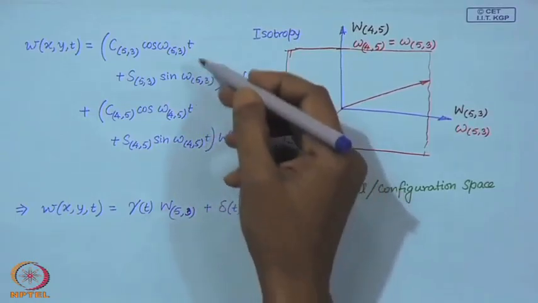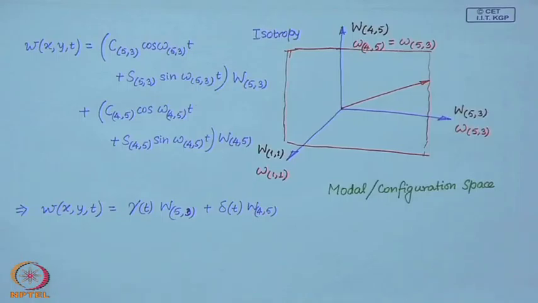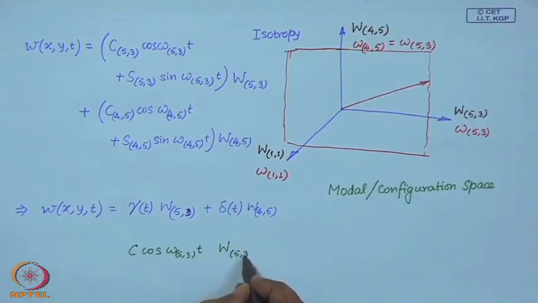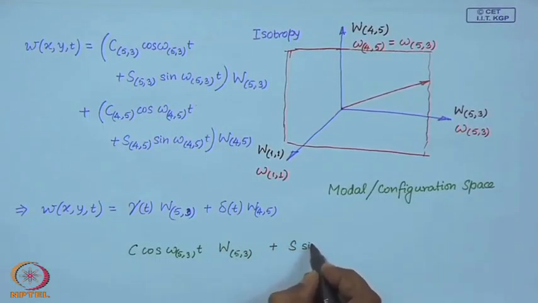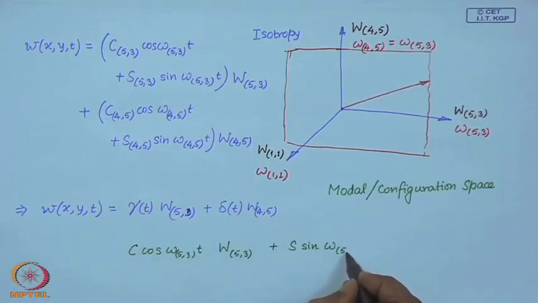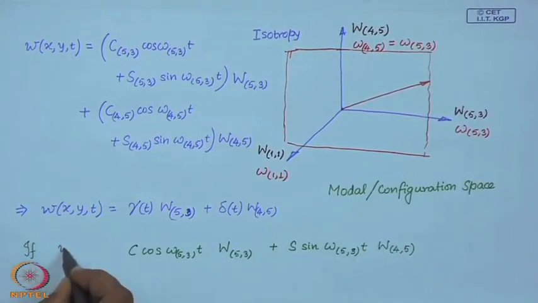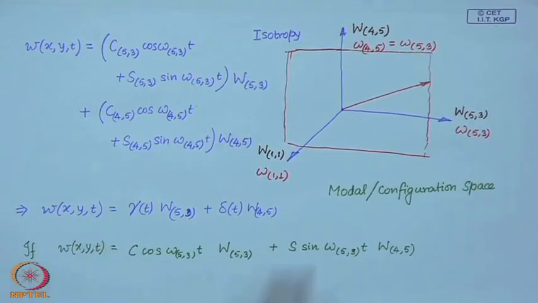So, for example, if you excite this in a certain manner such that, since 4 5 is same as 5 3, suppose the excitation initial conditions have been set such that this is the solution, let us say.